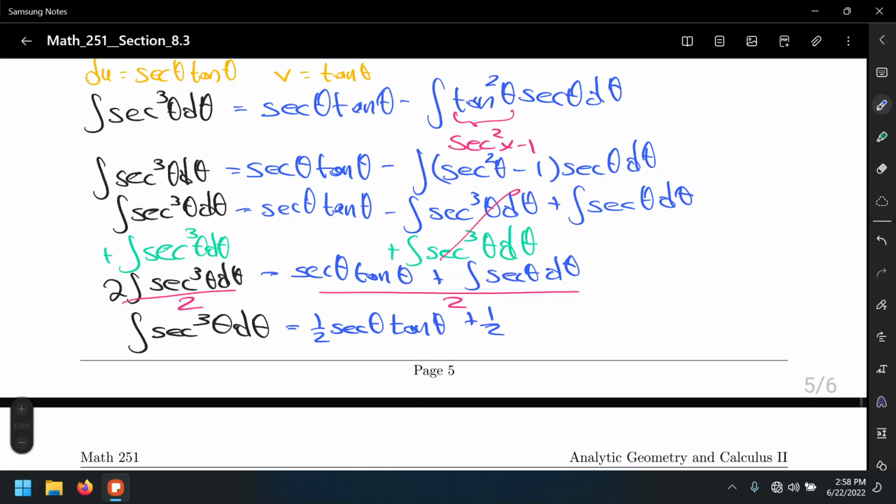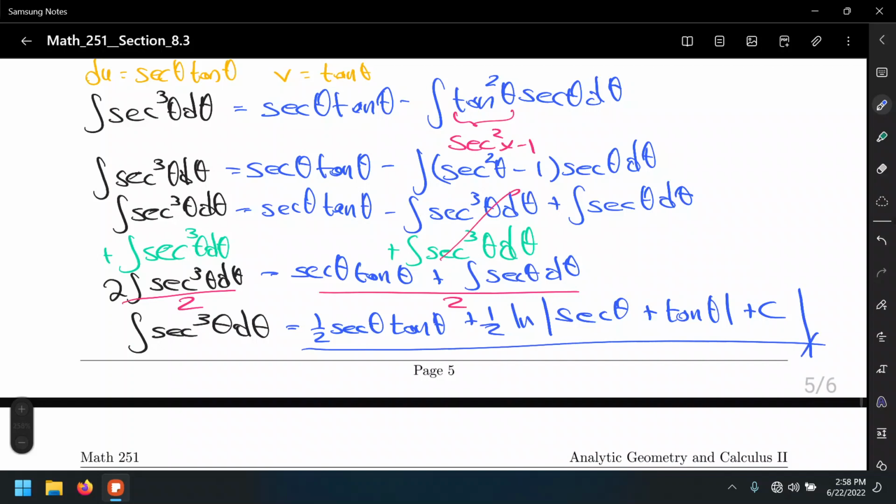But what's the integral of secant? Secant plus tangent. And then plus c. All right.